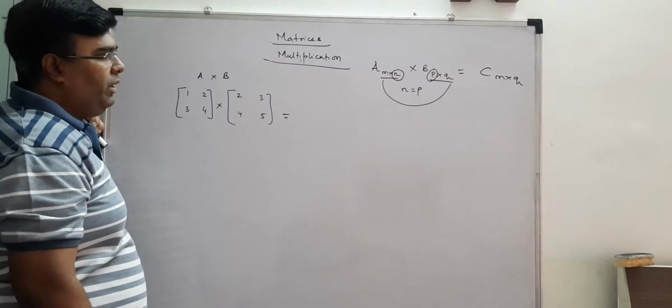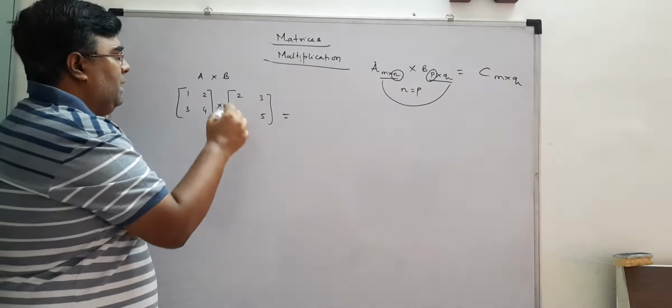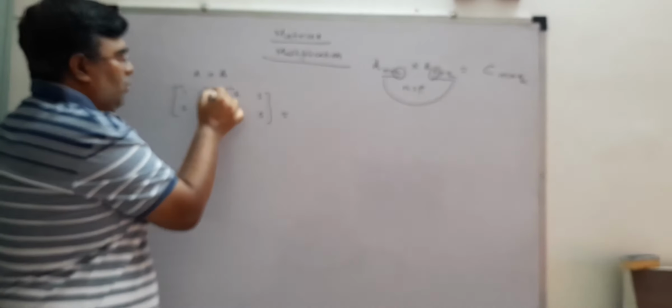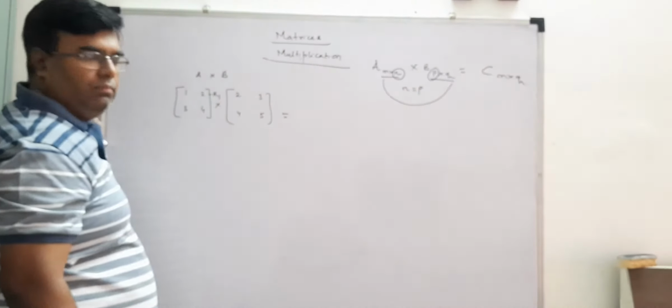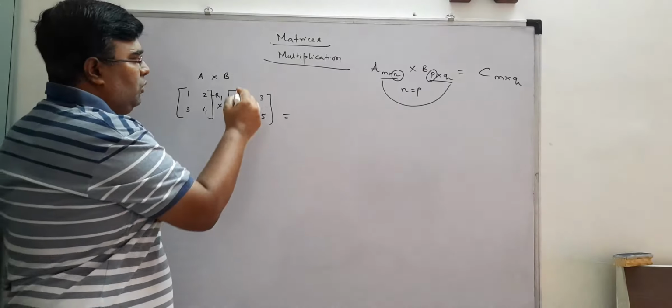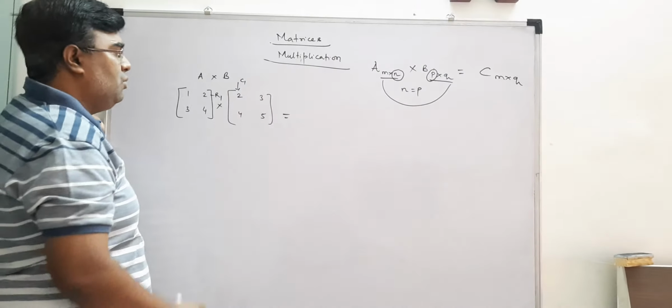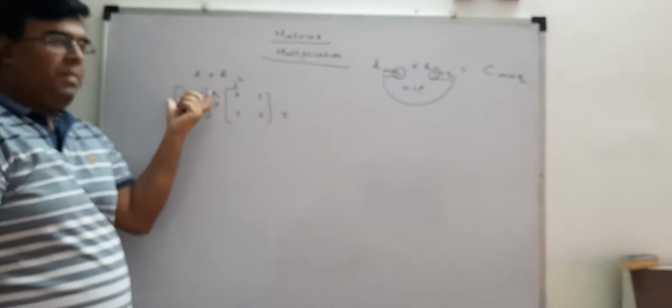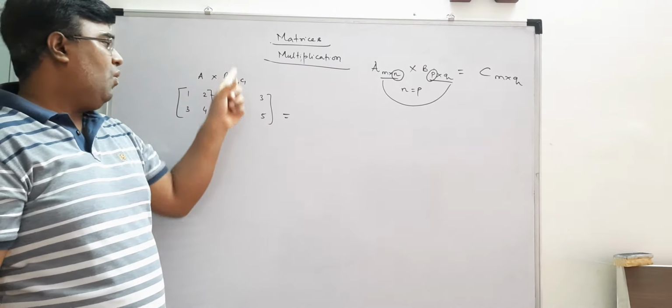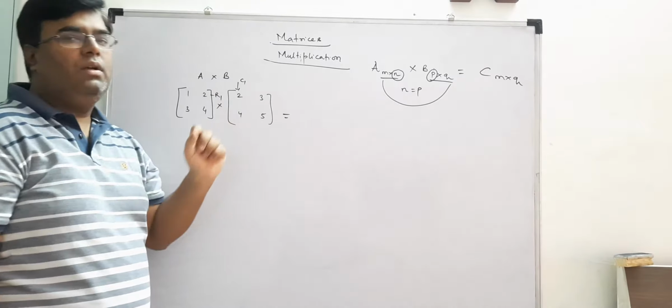We will be multiplying the first row, that is R1, to the first column of the second matrix.